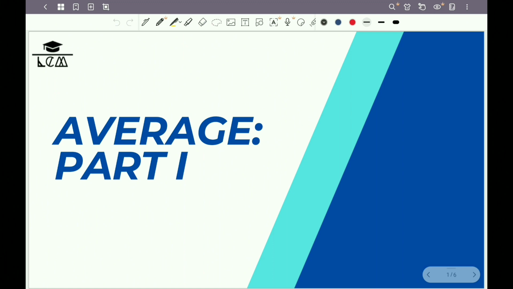Now, that sounds like a very big, fancy definition, but essentially what it means is that once we take the average of a set of numbers, we expect all of the numbers in that set to be around the value of the average that we actually find.